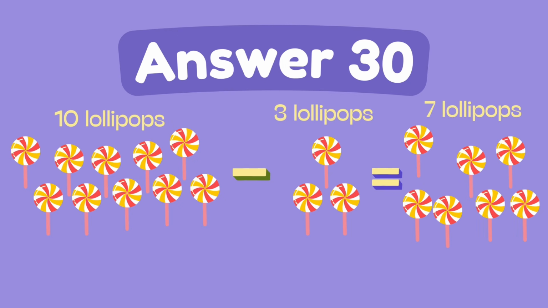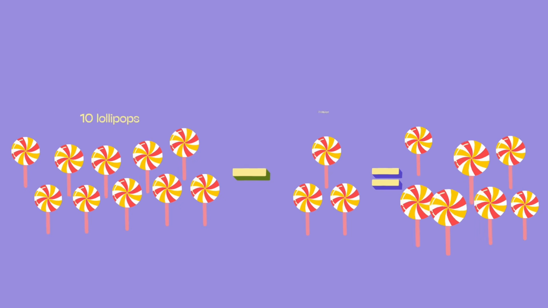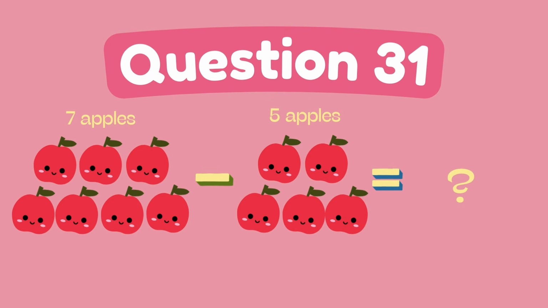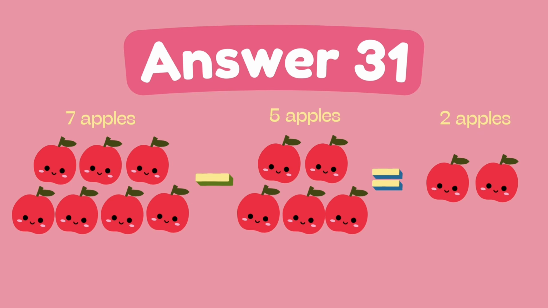The answer is 7. What is 7 minus 5? The answer is 2.